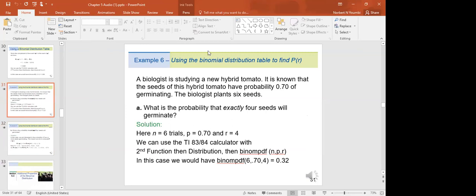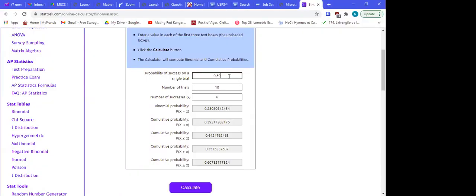Exactly 4. So I can use the Google calculator. The probability of success was 0.7. The number of trials, 6. And then the number of successes is 4.